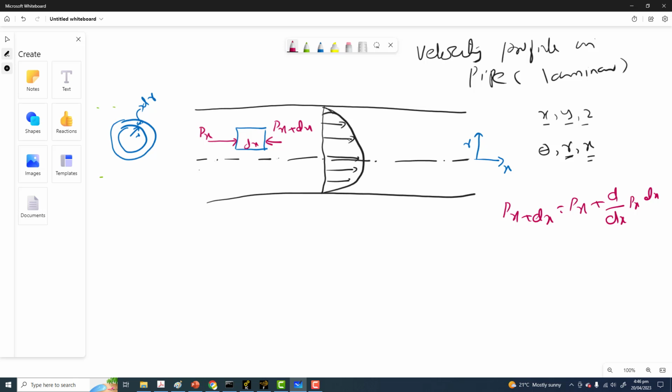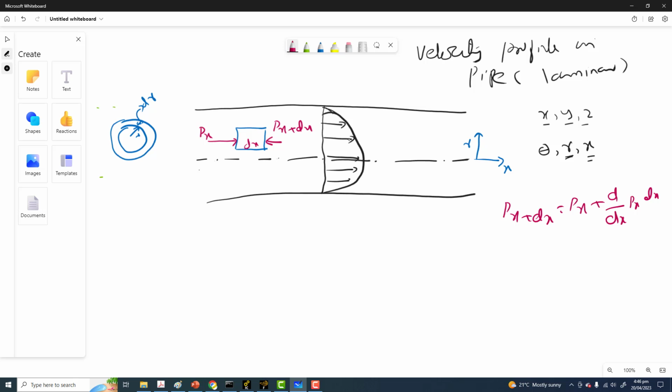Because the shear stress is applied parallel to the geometry, the area would be considered over this surface. You can see this area would be equal to dx times the circumference of that particular geometry, which is 2 pi r.